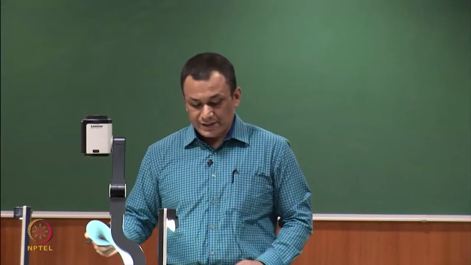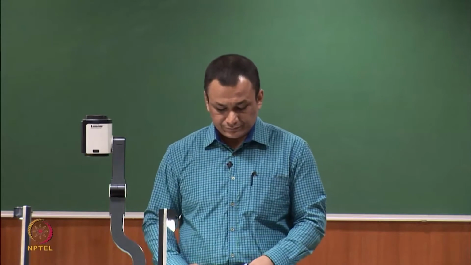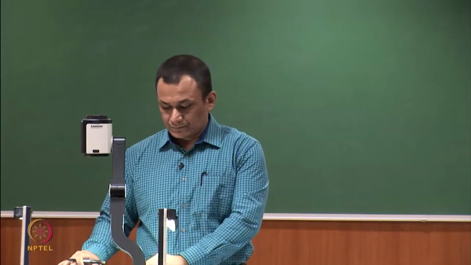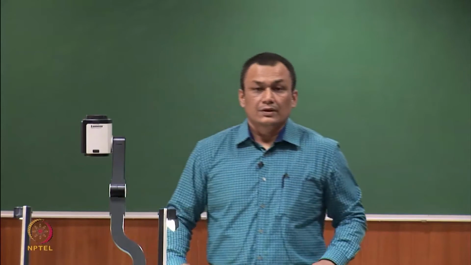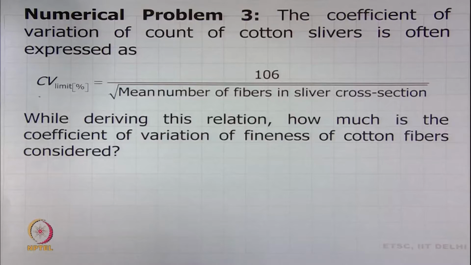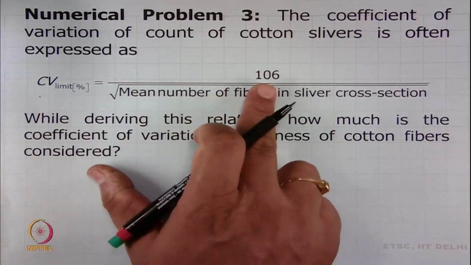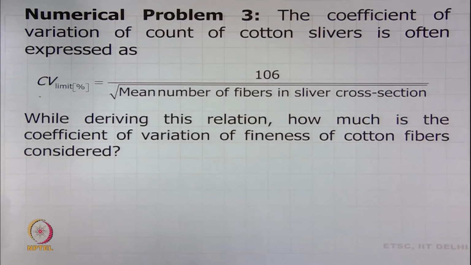Now, we will go to problem number 3. The coefficient of variation of count of cotton slivers is often expressed as CV limit is equal to 106 root over n bar.